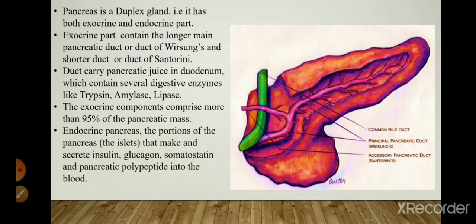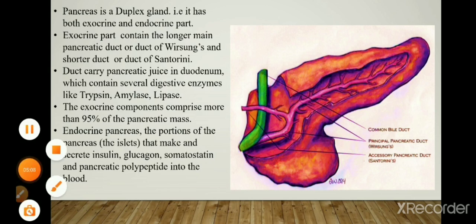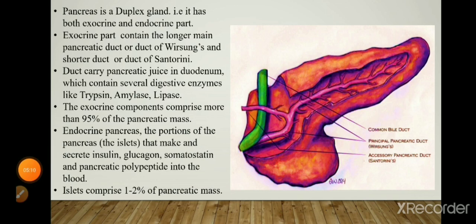Endocrine pancreas is the portion called the islets, which make and secrete insulin, glucagon, somatostatin, and pancreatic polypeptide into the blood. Islets comprise 1 to 2% of pancreatic mass.